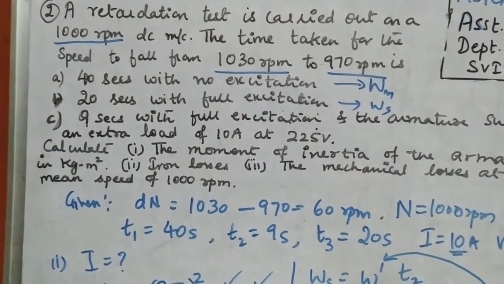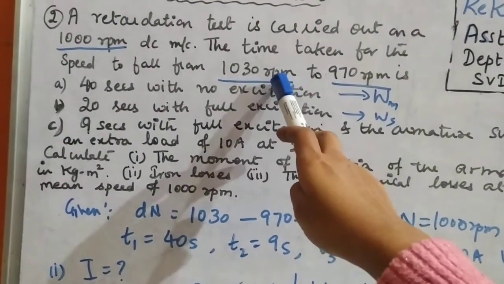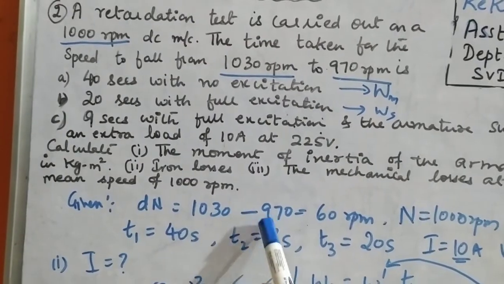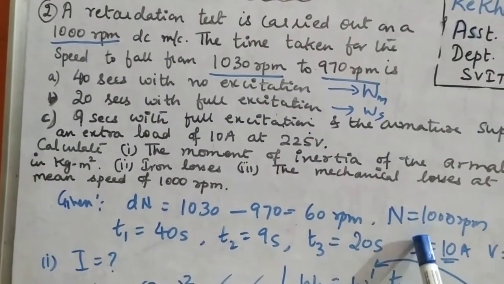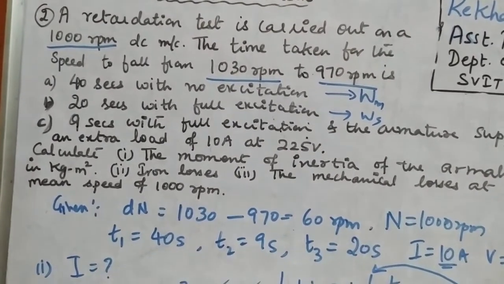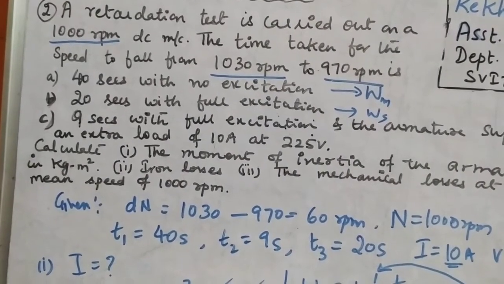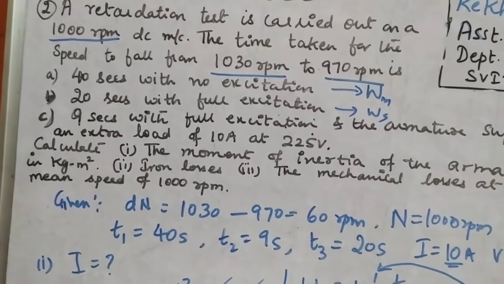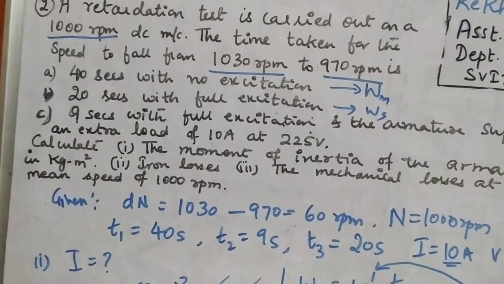Fine. So let us note down the given values. The difference of the speed, dN, can be written as 1030 minus 970, which leads to 60 RPM, and the normal speed is 1000 RPM. The time slots are given: the first time slot with no excitation is T1, and there are another two times, so we name them T1, T2 and T3.